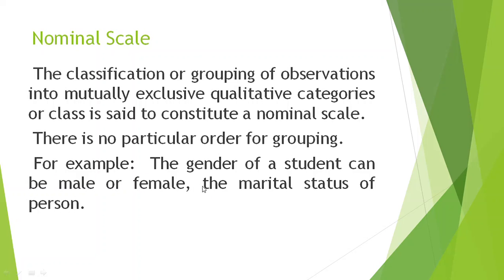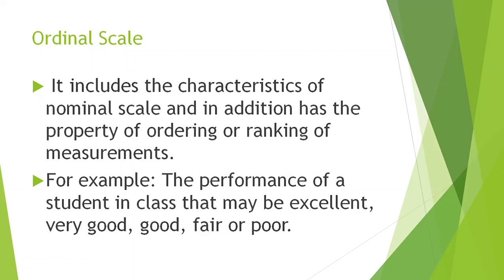So this is a nominal scale. No order is given, no preference is given to anybody, you just have to select your gender. Likewise marital status, married or unmarried, you just select one. So these are nominal scales in which some categories are given to you.